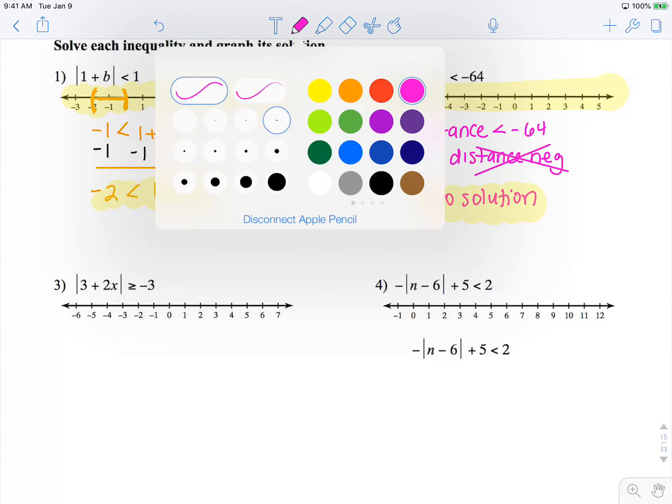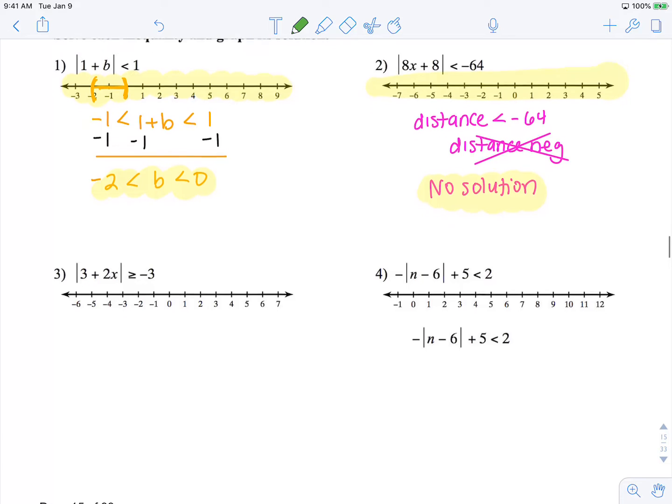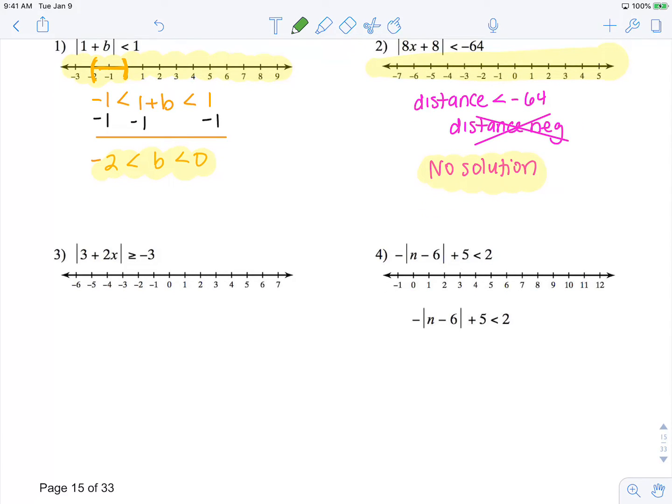For number 3, we have absolute value of 3x plus 2 is greater than or equal to -3. So let's think about that. Our distance from 0 is greater than or equal to -3. Well, our distance is going to be positive, and a positive number is always greater than or equal to -3.